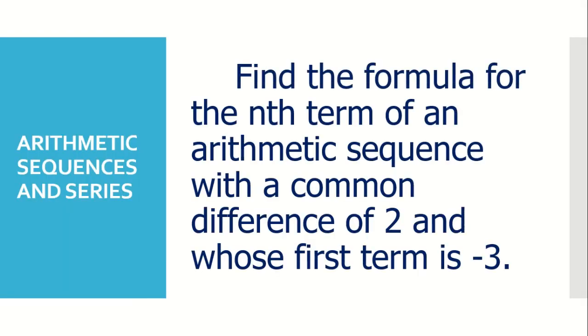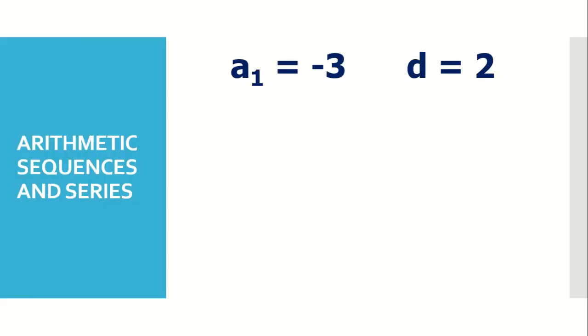Let us have another example. Find the formula for the nth term of an arithmetic sequence with a common difference of 2 and whose first term is negative 3. Our given will be a sub 1 equals negative 3 and the common difference, or d, is equal to 2.